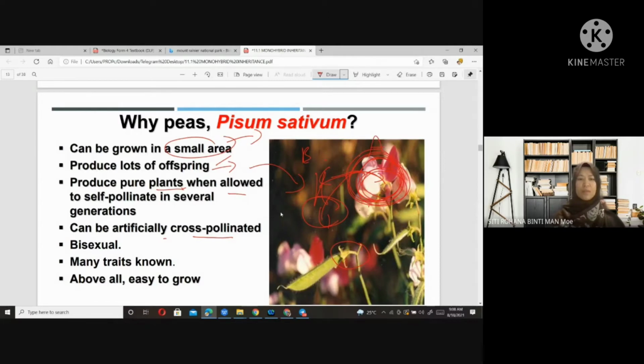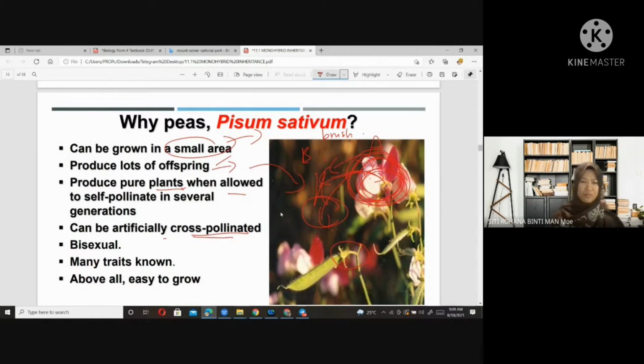Okay. Next, can be artificially cross-pollinated. Means that Mendel can cross-pollinate secara artificial. Okay. So Mendel boleh ambil pollen grain daripada anther and then gunakan tangan ataupun gunakan brush. Okay, untuk Mendel ni banyak dia guna brush lah. Okay, so that pollen grain can be transferred to another flower.